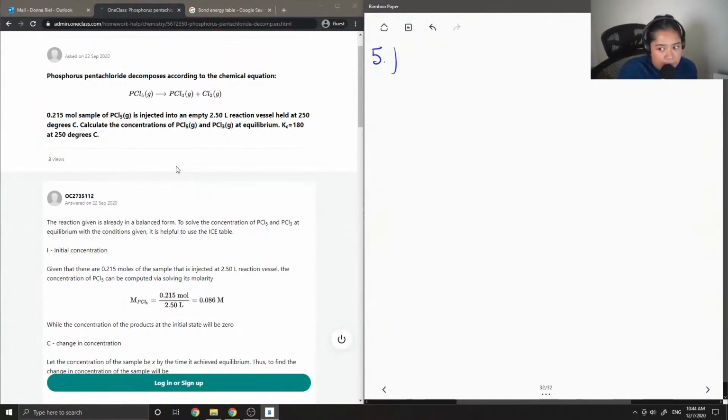Okay, so first I'm going to write the reaction down. Phosphorus pentachloride gas makes phosphorus trichloride gas plus Cl2.